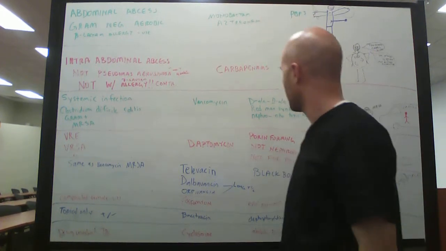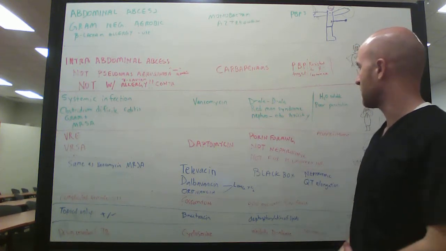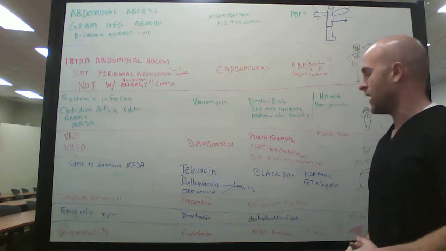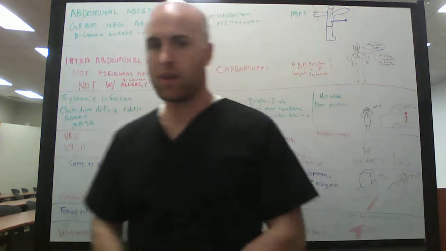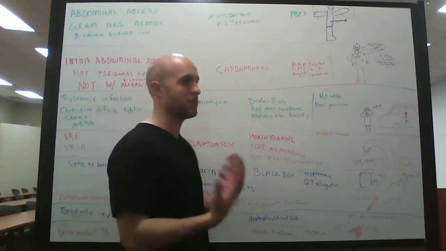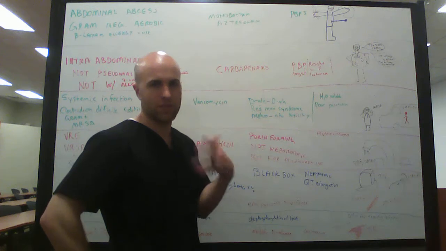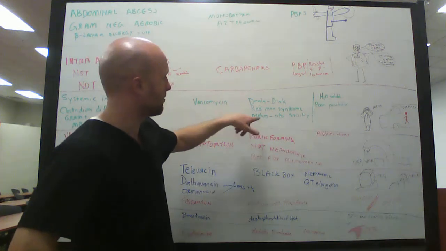And vancomycin disrupts the D-ala structure of the cell wall, and giving someone vancomycin can cause something called red man syndrome, which is not an allergic reaction, but it's basically the releasing of histamine, which makes a person turn red.